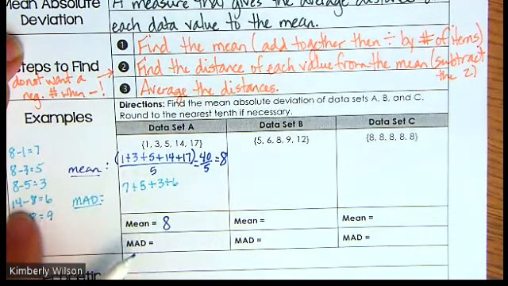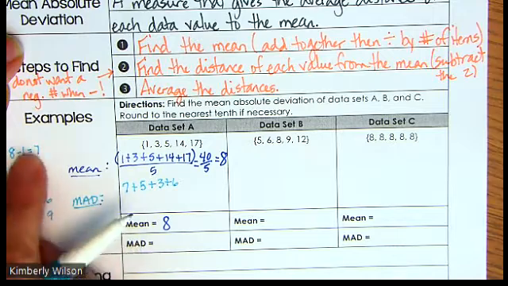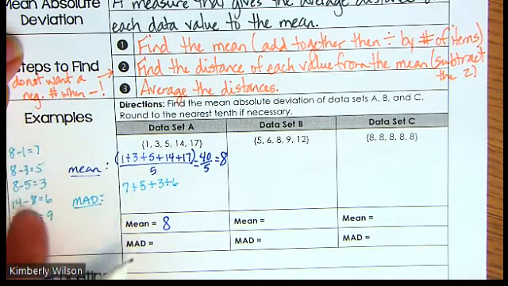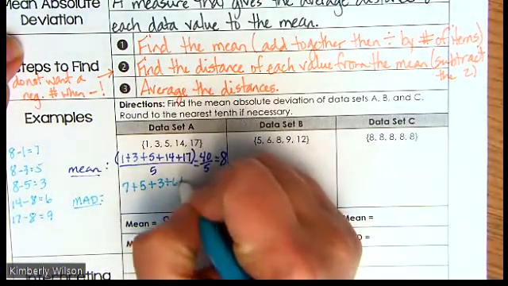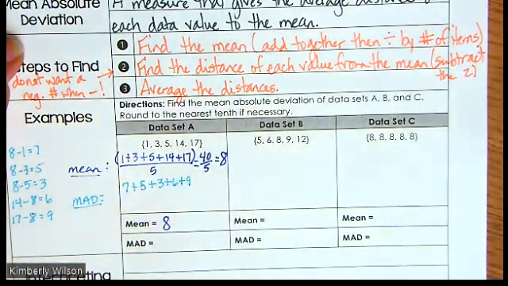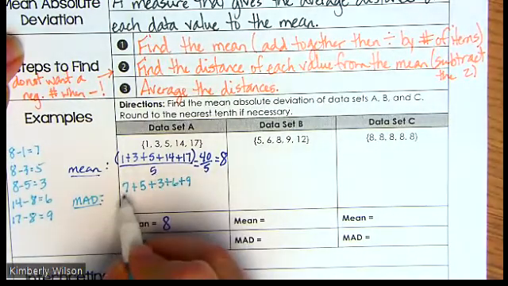You'll notice that here I flip-flopped and did the big minus the mean. Big minus small, so I just found what the distances were. You do not have to write this all the time. I'm writing this to show you how we're getting these numbers. If you want to write it for this one, so when you look back in your notes, you're more than welcome to.